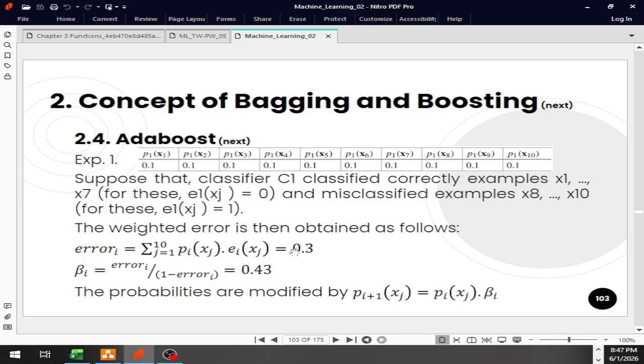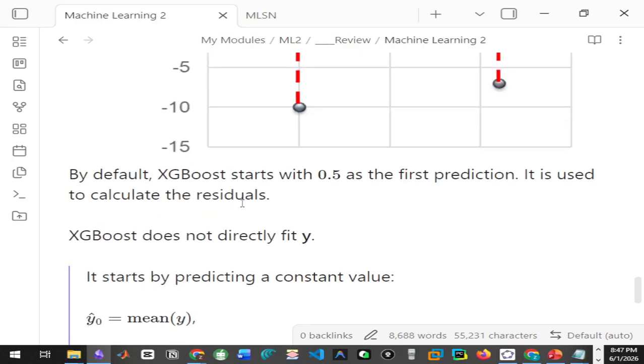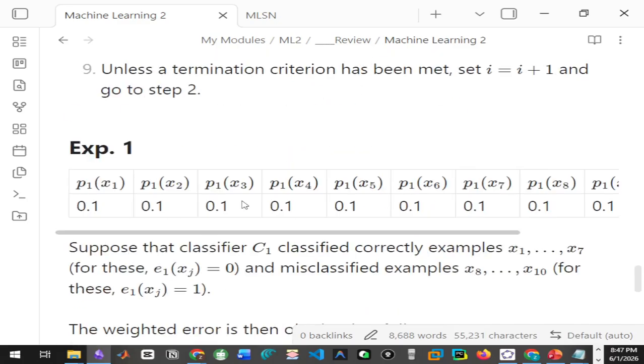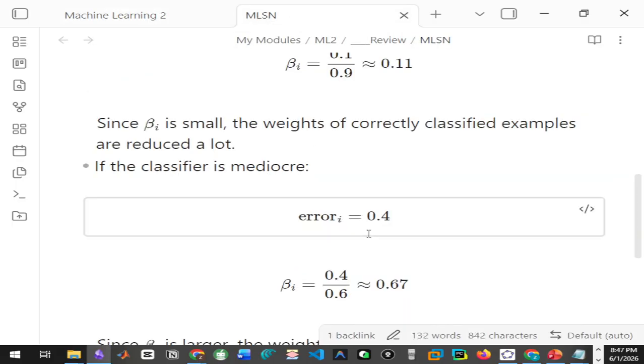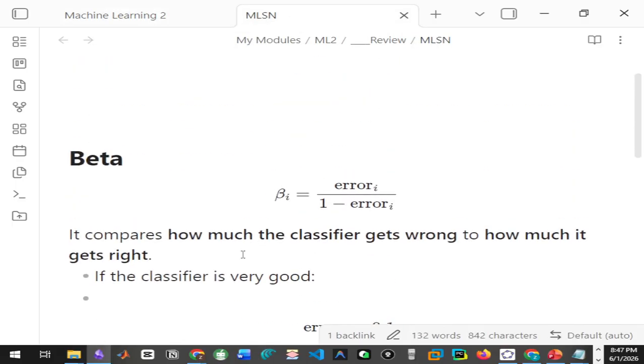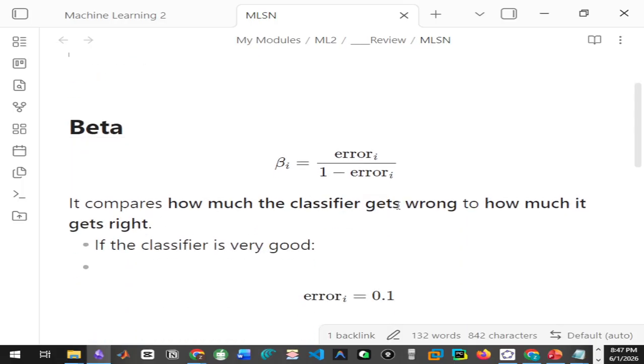This is the error. And the beta, if we come to my Obsidian notes, we are going to see that beta. What it does is it compares how much the classifier gets wrong to how much it gets right. So this is the error, in our case 0.3.